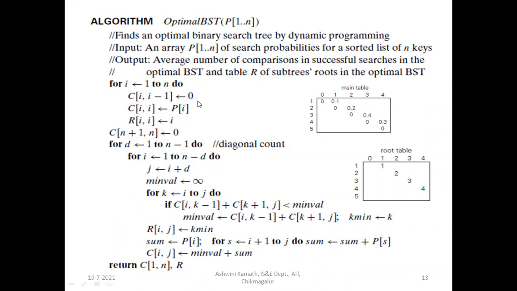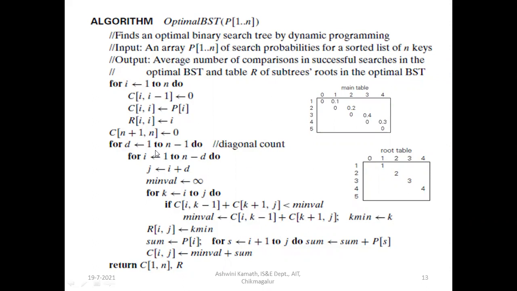Okay, so here the initial value of C of I comma I minus 1, that is for the diagonal elements, will be equal to 0, and C of I, that is 1 1, 2 2, 3 3, 4 4, will be equal to the probability of that particular number. P of I, C of I is equal to probability of I, and R of I is equal to I, that is 1 1 is 1, 2 2 is 2, 3 3 is 3, 4 4 is 4.